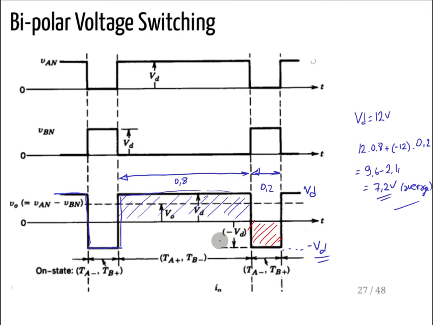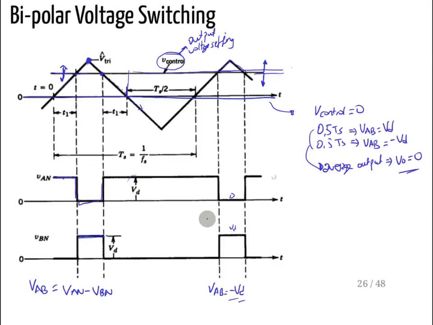If you somehow increase that voltage, then your positive regions will keep increasing and your negative regions will start reducing, so that way you will end up at a positive voltage.